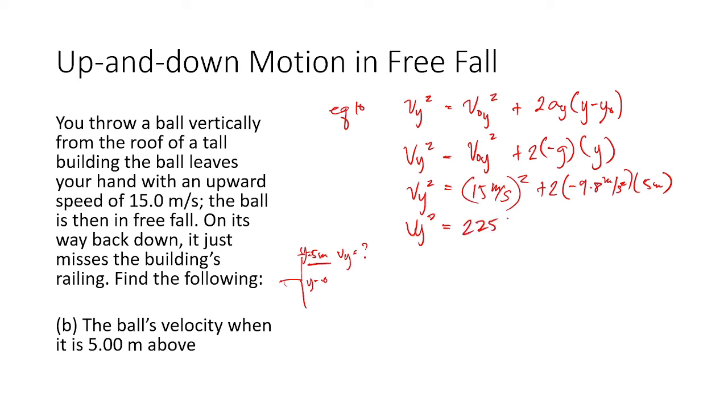So we have here 225 meters square second square plus we have there negative 98 meters square second square. Kapag pinag-sama niyo yan, you will have there positive 127 meters square second square.